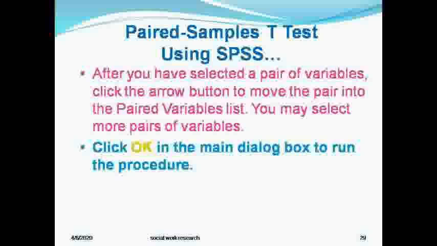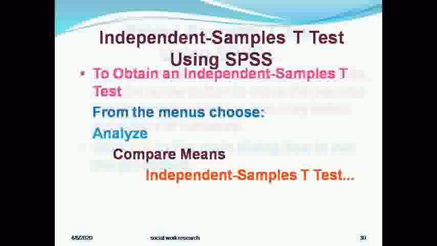You may select more pairs of variables. Click OK in the main dialog box to run the procedure. Now the independent samples t-test. Again, from the menus choose Analyze, choose Compare Means, choose Independent Samples t-test, which I have shown you.